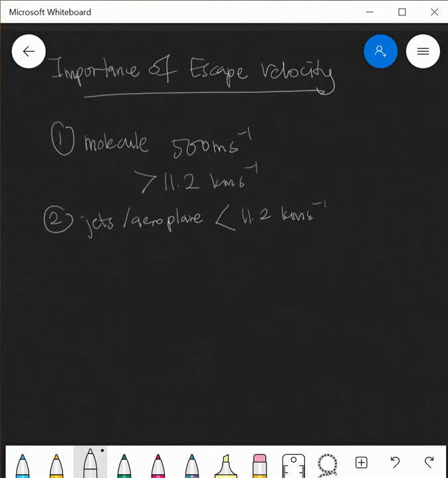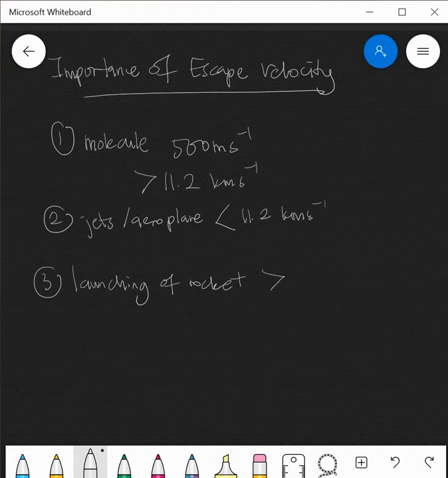Okay, next, third importance is launching of rocket. Okay, if kita nak launch rocket, kita require the speed of rocket to be greater than 11.2.